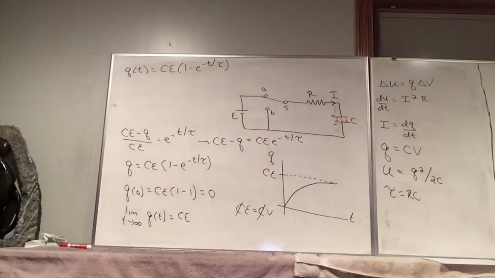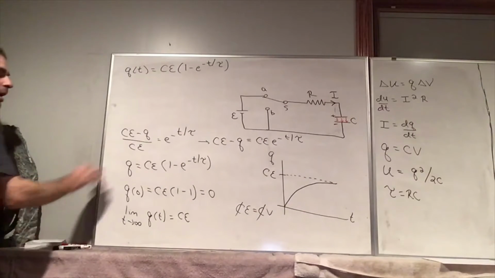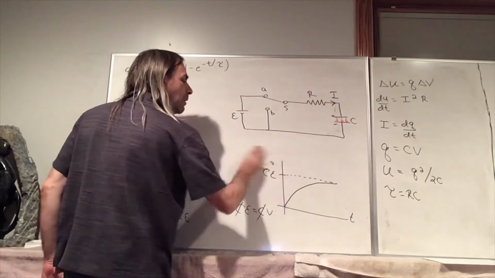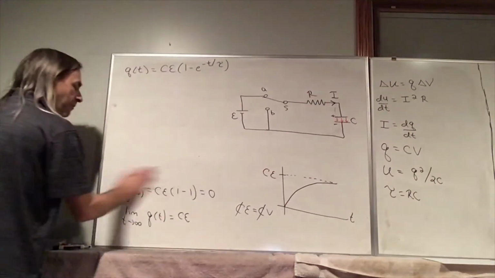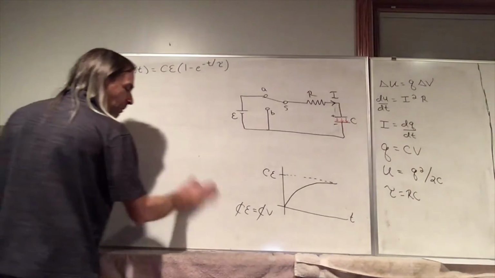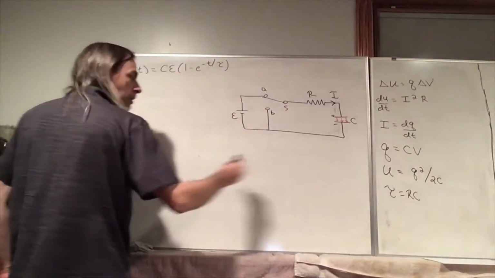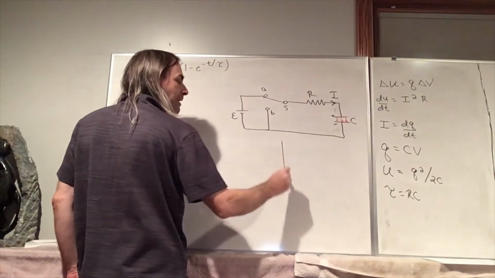Okay, so we have Q. Now let's focus on this tau. So we have current as a function of time.